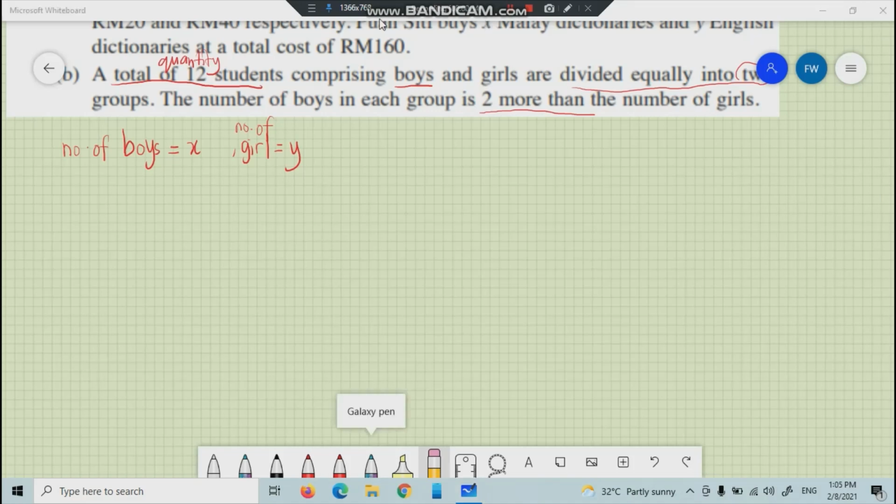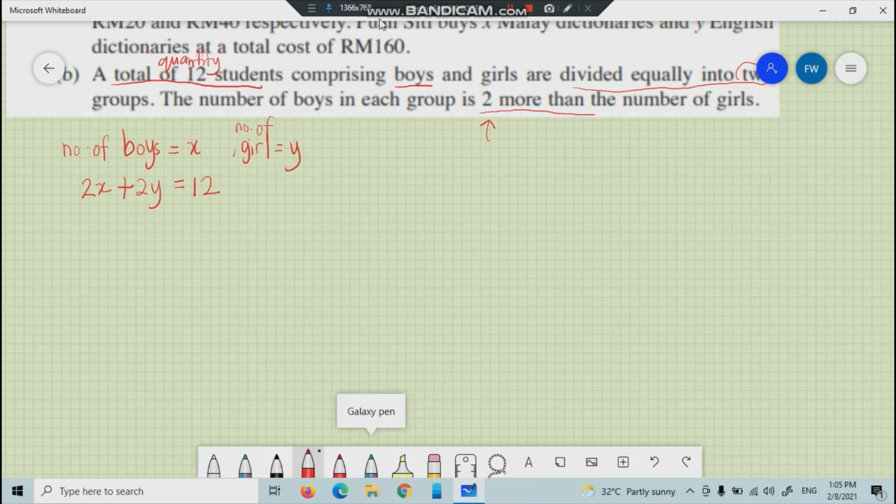The first linear equation will be 2x, because we have 2 groups of boys, plus 2y, because we have 2 groups of girls, and total number of students is 12.